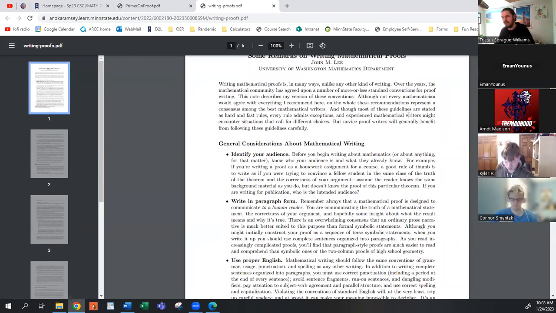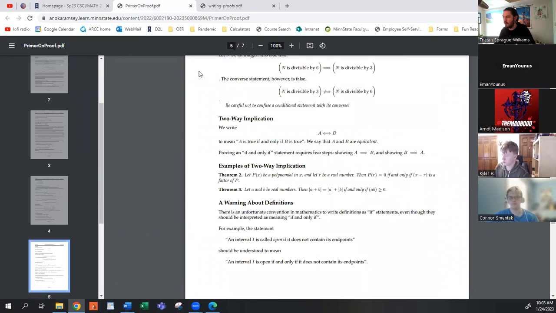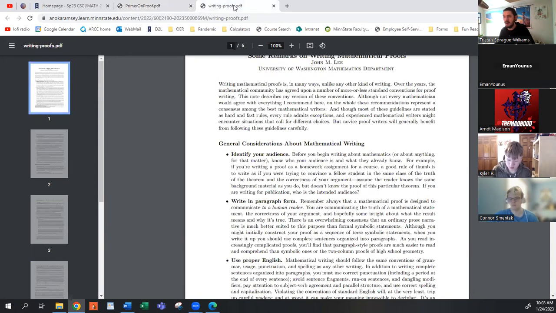One of the most important things to remember, touched on in both of these documents, is that a mathematical proof is primarily a communication tool. Okay, it's not just a math problem, right? You're not just solving the problem. It's not just figuring out how to prove something. It's also communicating it to a reader. So you have to be working on both of those components.